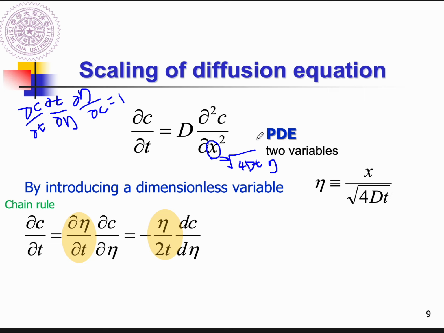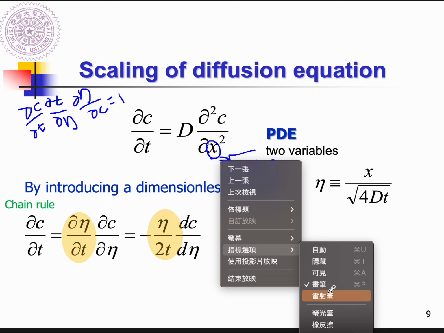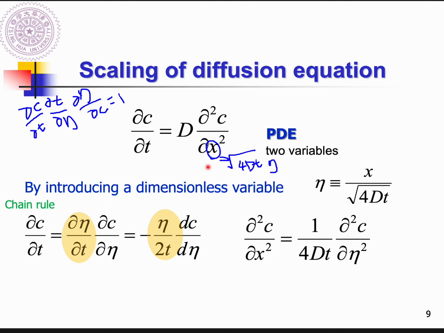And you square this term and move this term to the front. So what you are going to have will be like this term. So square this one, 4Dt and eta squared, right? So now you got your left term, and right hand side you got D times this term. So after arrangement, you got this ordinary differentiation equation with one variable eta.